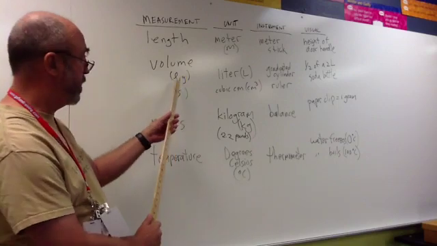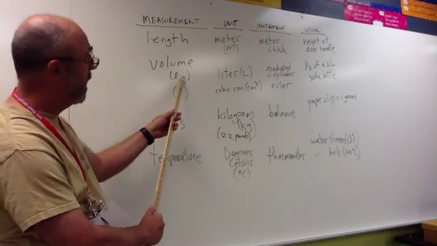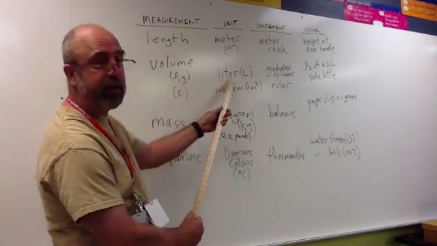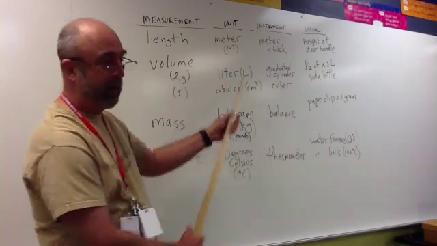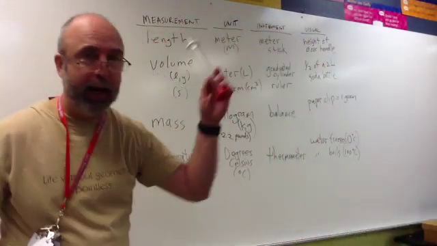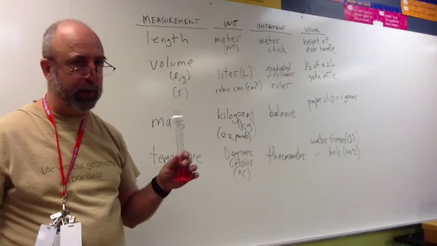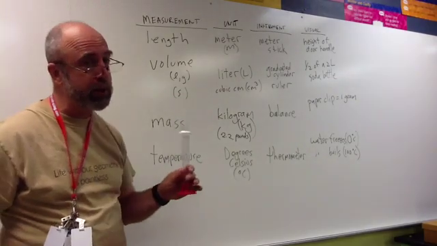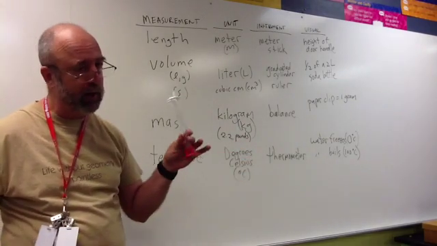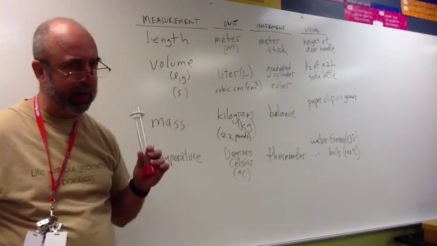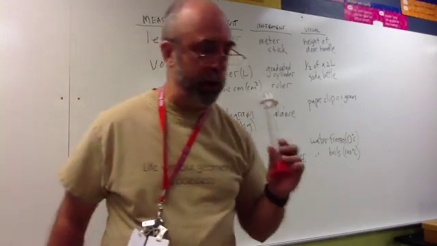There's liquid and gas volume, and those are measured in the liter. We use our handy-dandy graduated cylinder to measure liquid volumes. We don't use beakers because the graduations on beakers are not all that accurate, but these are super accurate.